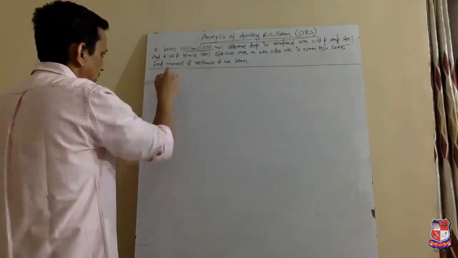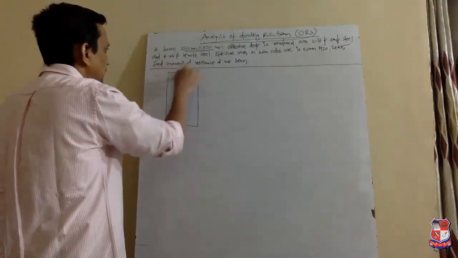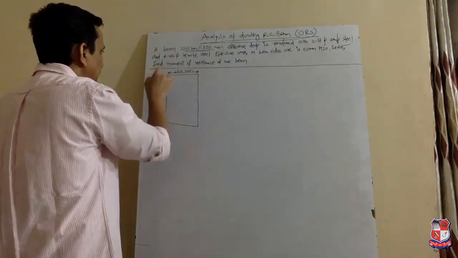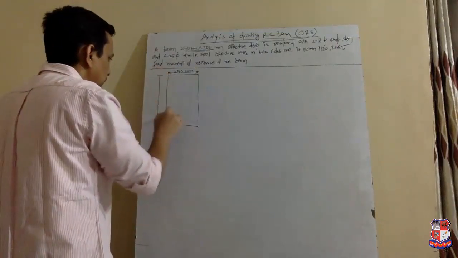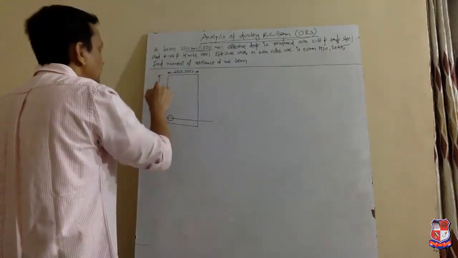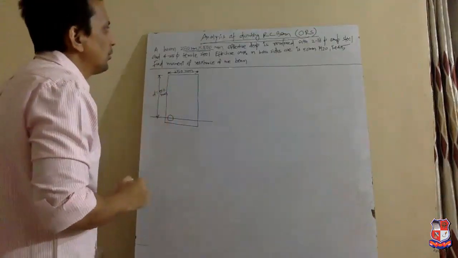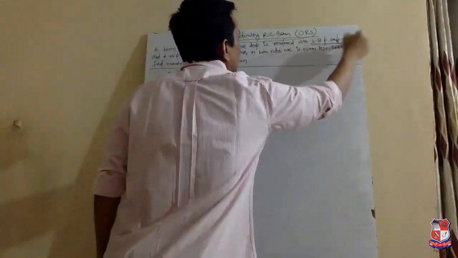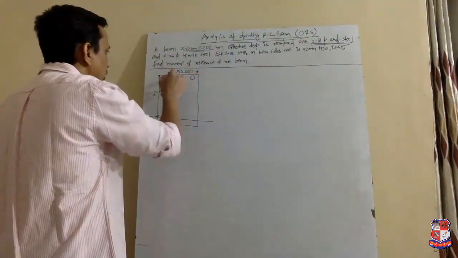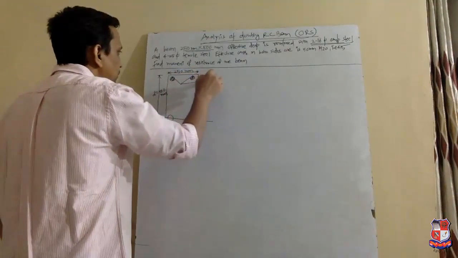So let's draw the cross section first. Width is 250 mm and the effective depth is 500 mm. It is reinforced with 2 number 16 mm dia compression steel, means in the compression zone, 2 number 16 mm dia bars are provided.